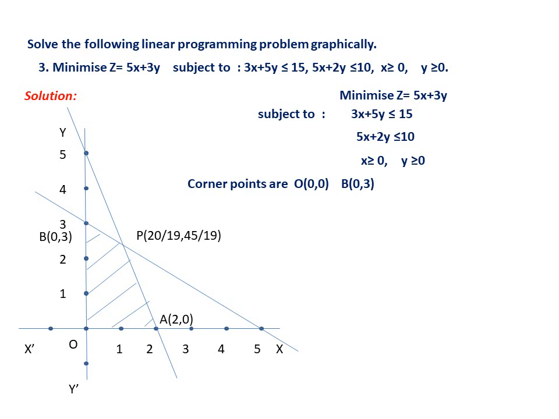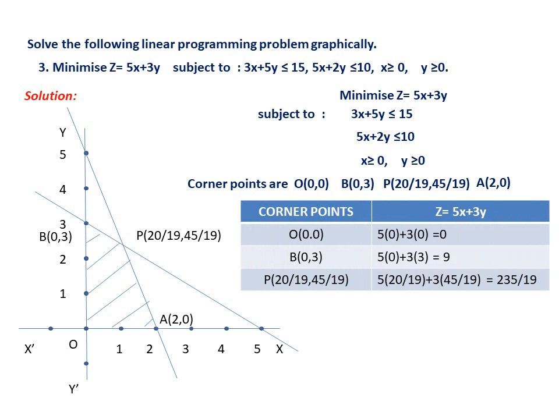Corner points once again: (0,0), (0,3), (20/19, 45/19) and A(2,0). If the graph is perfect, then you need not solve it. Otherwise, the point P you have to solve algebraically, then locate it. Now these are the corner points, so check. So 1, 2, 3, 4.